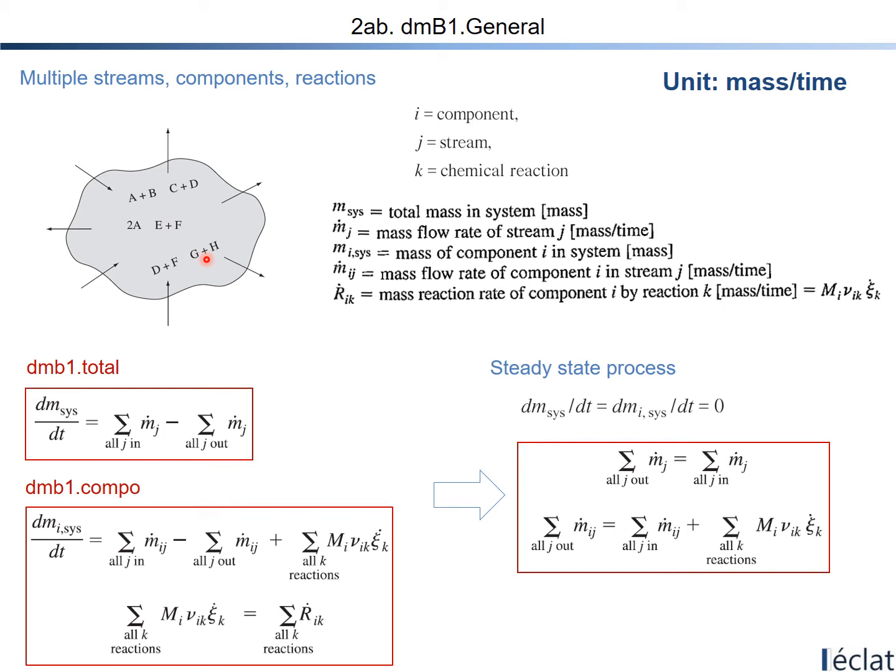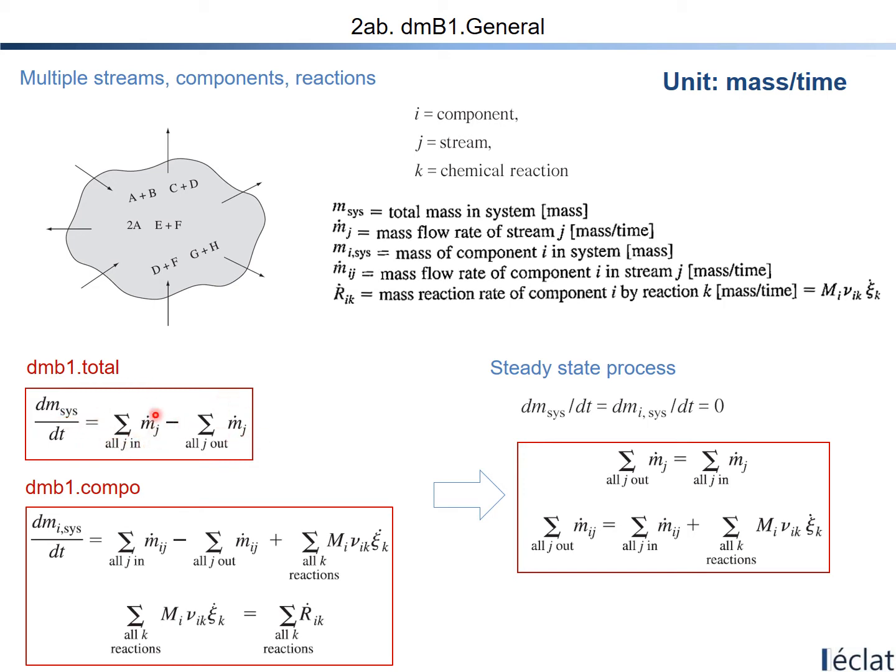So how about the mass balance equations? Actually everything is the same, but you should use the summation term. This is the differential mass balance equation for the total amount. dm_T/dt, accumulation, is equal to in minus out.